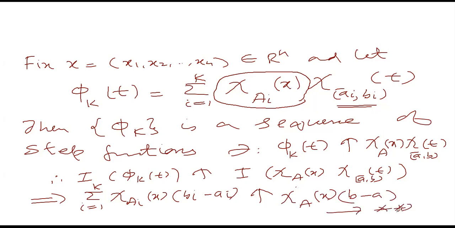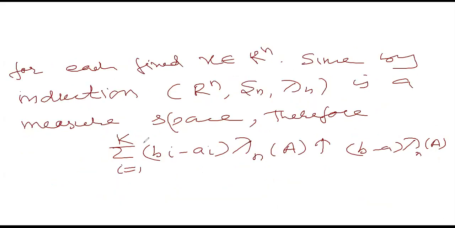Now I vary x, I will do integration with respect to x, and since the result is true for n, this is now the step function in R^n. It will increase to this step function in R. So I can apply the induction hypothesis here, because I know that the result is true for this one. This one is a measure space, R^n with S and lambda_n is a measure space.